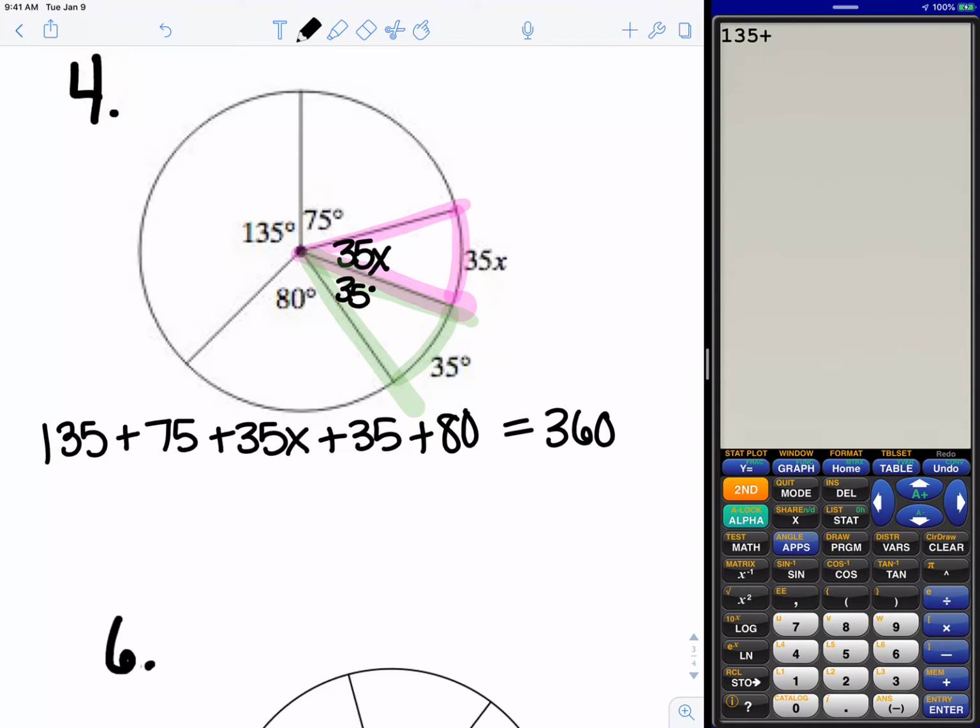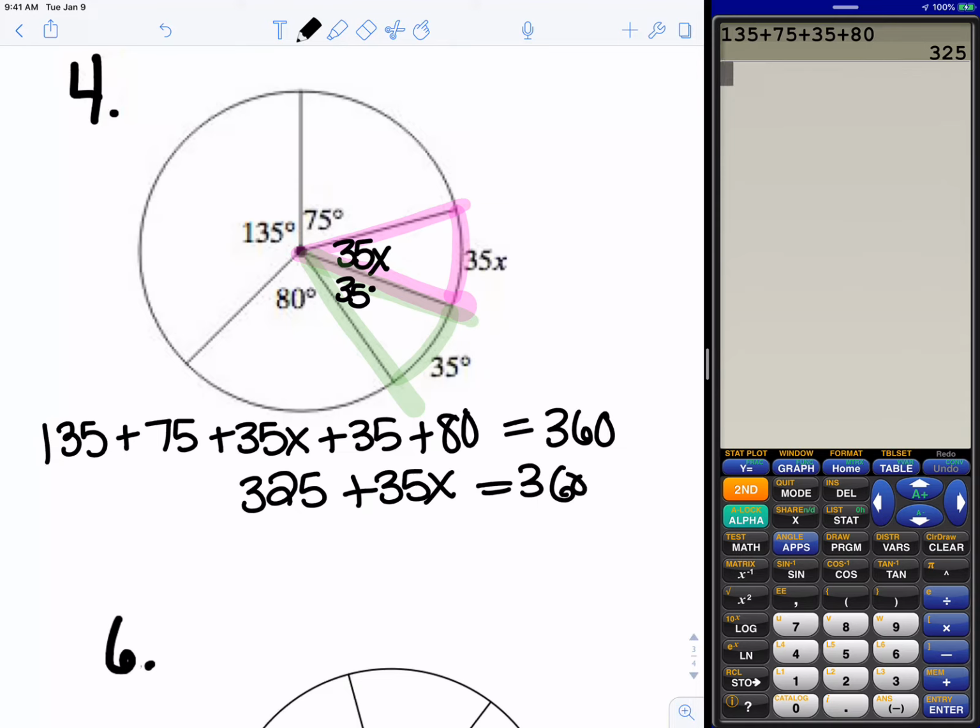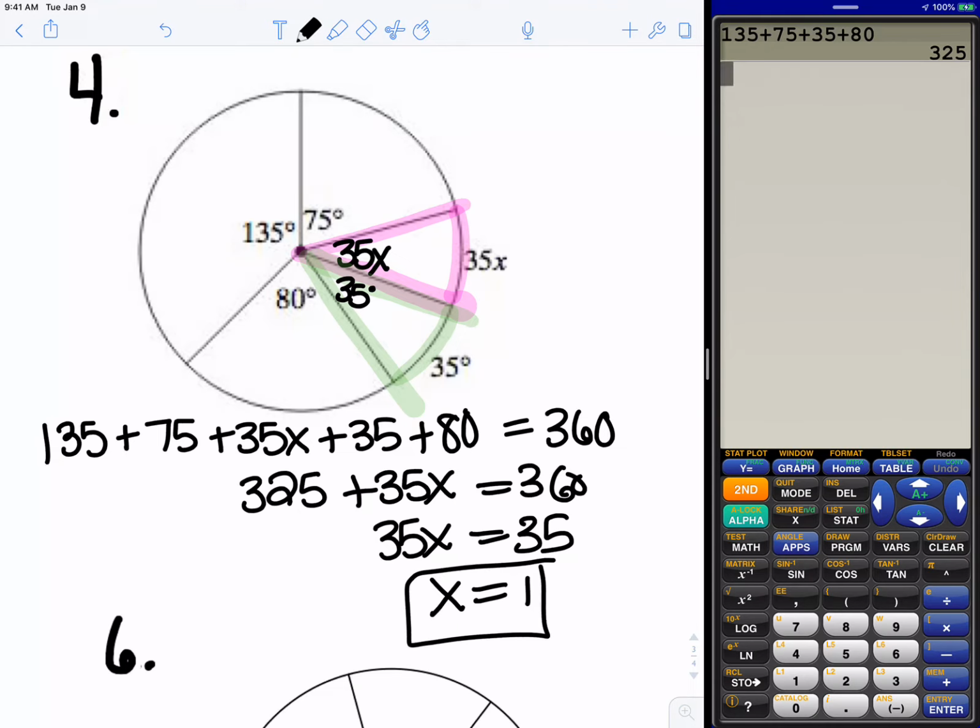So I have 135 and 75 and 35 and 80. So I have 325 plus 35x equals 360. Subtract 325, so 35x equals 35. Divide by 35, x must be 1. All right, let's go to the next one.